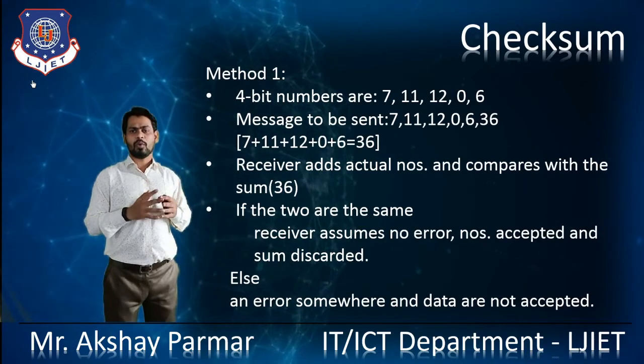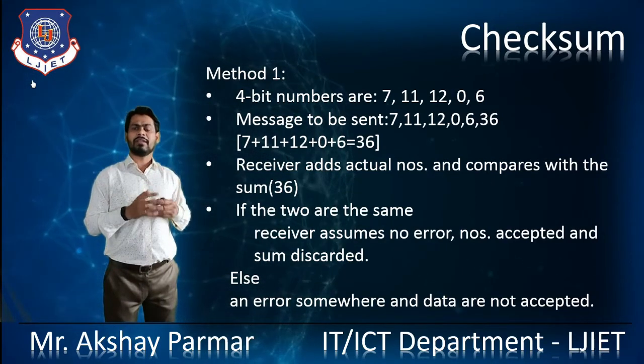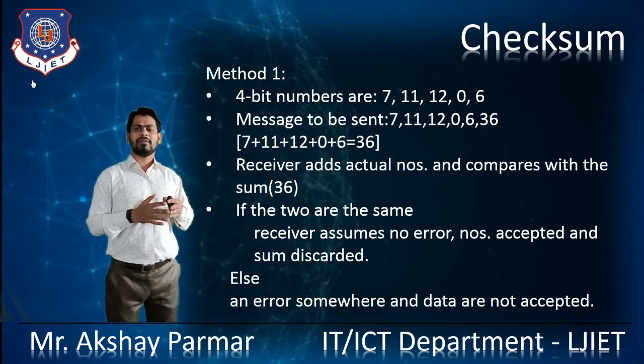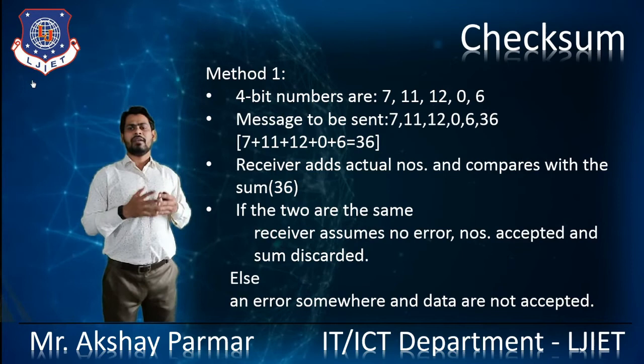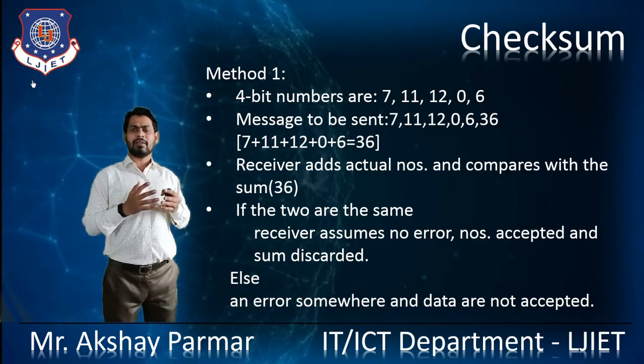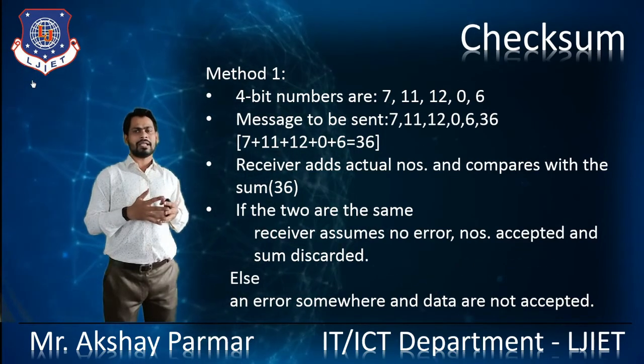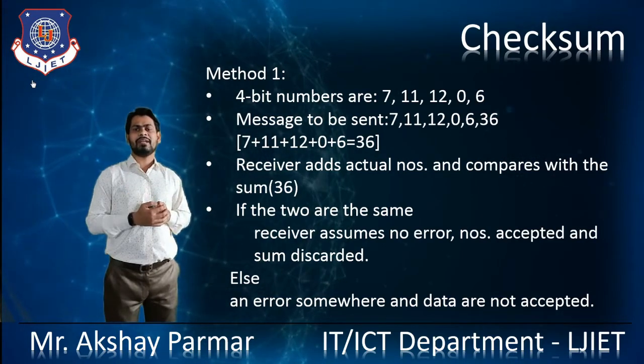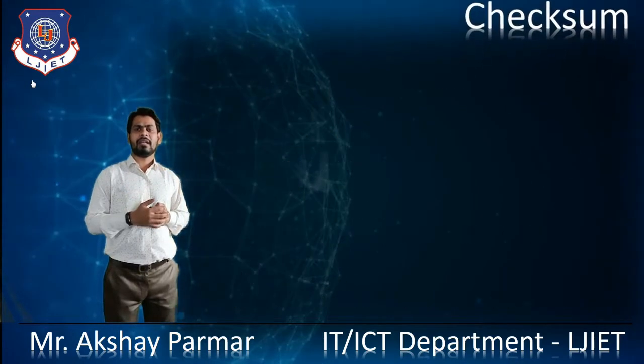If the two are the same, the receiver assumes there is no error, the numbers are accepted, and the sum is discarded. Else, if there is an error somewhere, the data is not accepted. That's how we accept and discard the data.